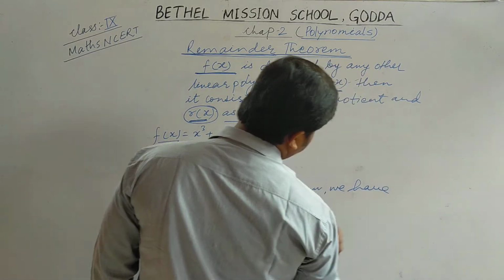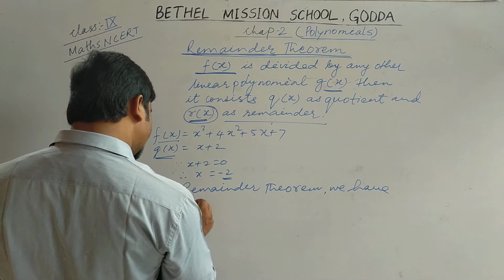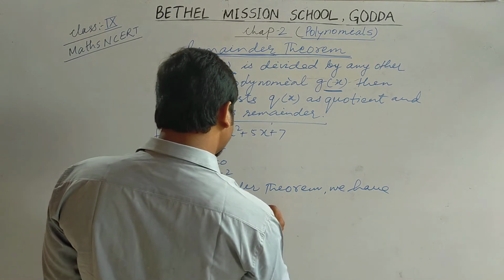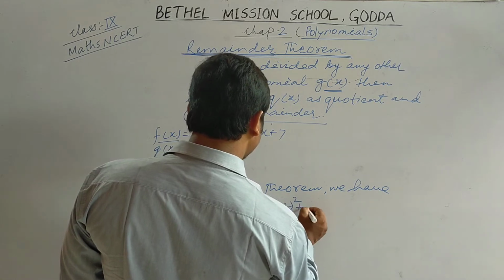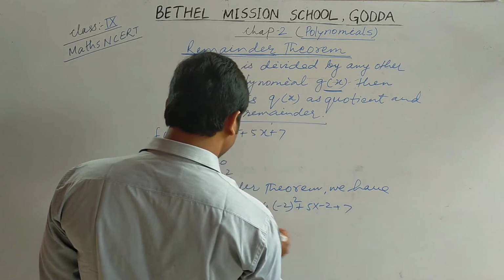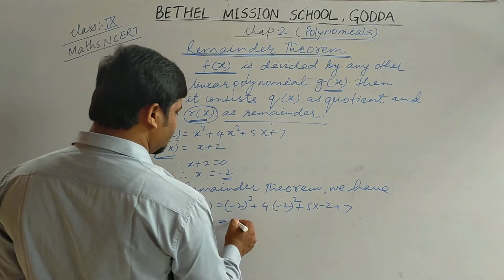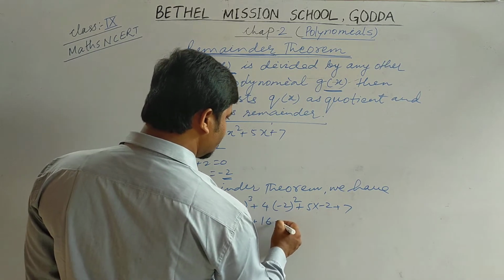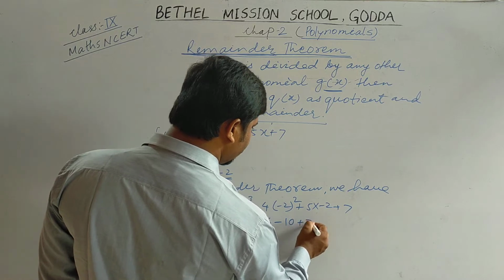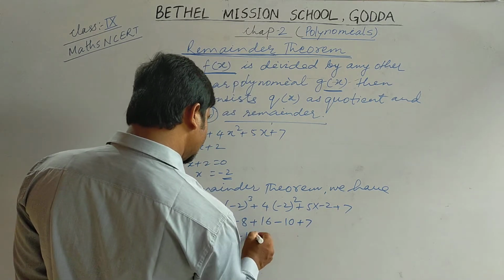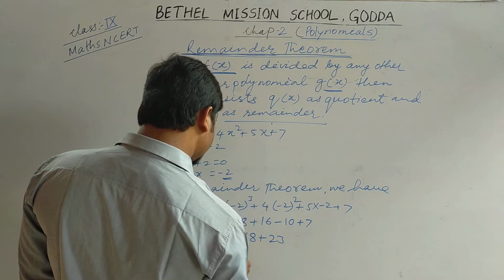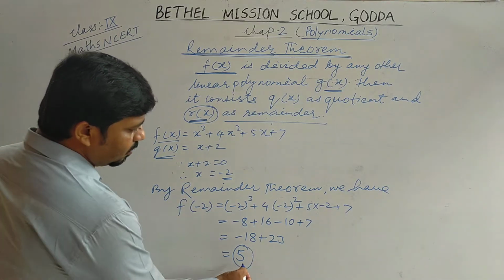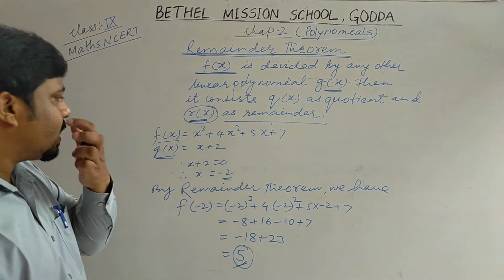What is the remainder theorem? f(-2) = (-2)³ + 4(-2)² + 5(-2) + 7, which is -8 + 16 - 10 + 7, which is -18 + 23, so 5 came, and by the long division method we also got 5. So this is the process of the remainder theorem.